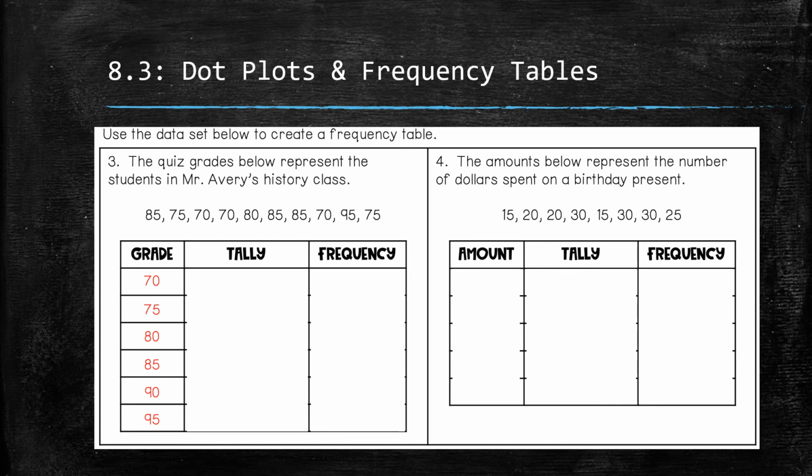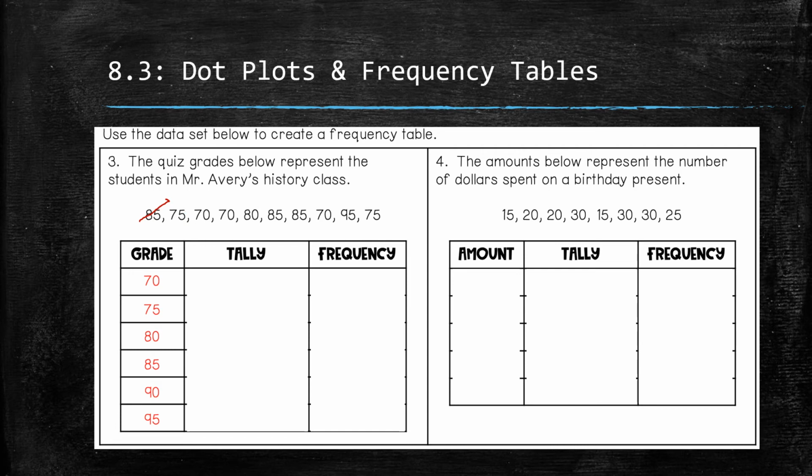So one way I like to do it is as I'm making my tally mark, so like I would do 85 and put my tally mark, 75 and put my tally mark, because then crossing it out, I don't accidentally drop a number or I don't accidentally add it in twice, which is a very easy and common mistake.